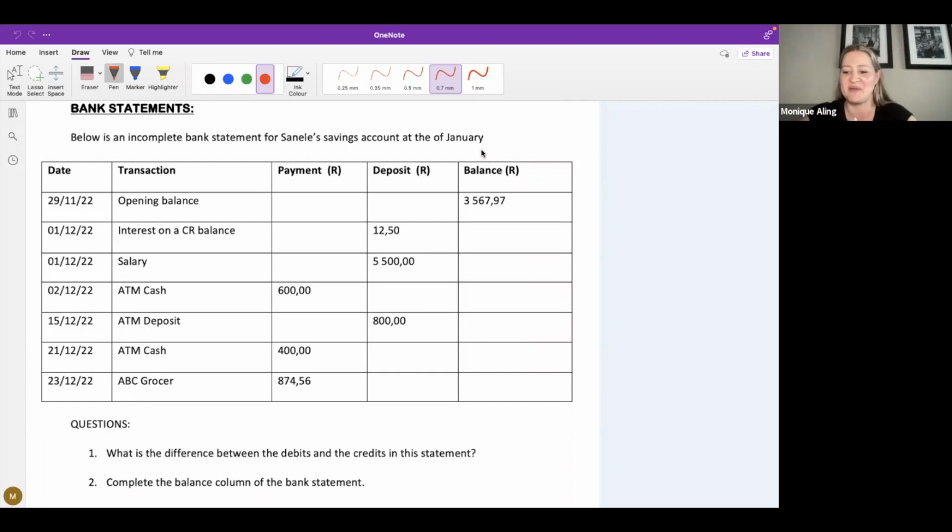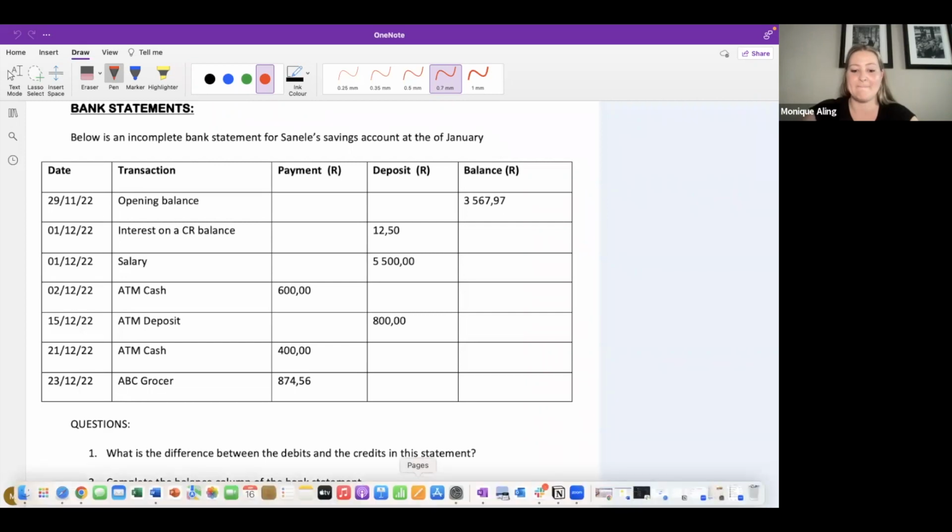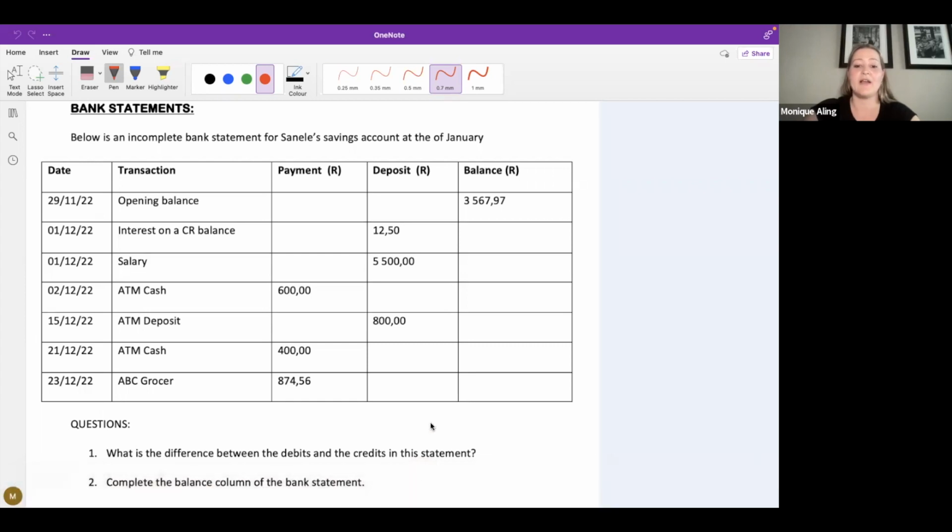Is there anyone that remembers? Why do we need to see the different transactions? Okay, so I did say in the beginning that after every transaction that we make, our balance needs to be updated.